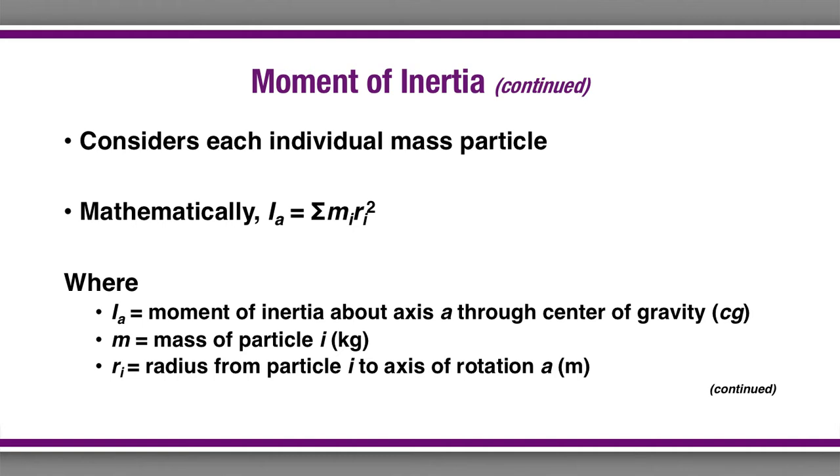So mathematically, moment of inertia can be defined as I equals the sum of m times r squared, where I is the moment of inertia about an axis A through the center of gravity, equal to the sum of the mass of particle i in kilograms times the radius from particle i to the axis of rotation A in meters, squared. That squared component is going to be very important when you're working on your calculations and your problem set.